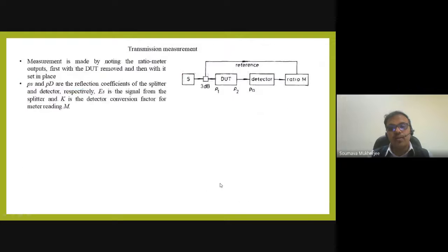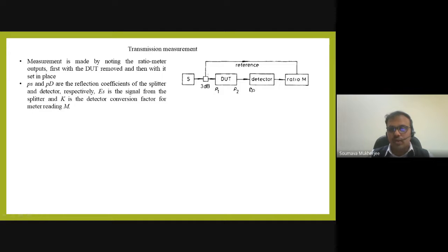What will happen for the transmission coefficient S21? Then the block diagram of the system will be a little bit different. So it will look like this. So this is your source. This is the 3 dB splitter. So one path is going here, and one is the reference path, and then the ratio meter. So this is my device under test, DUT. Okay. So rho 1 is the reflection coefficient at this point, and whatever is coming back will have a reflection coefficient rho 2.